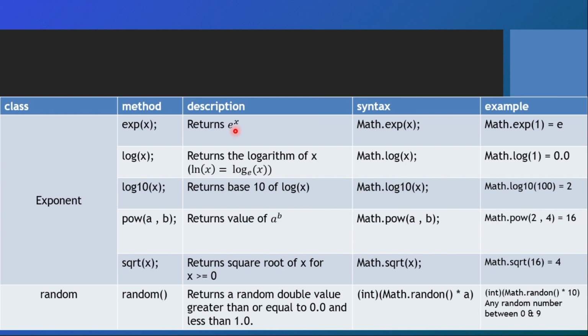I'm not necessarily sure, but it gets Euler's constant and raises it to the power of x. So how do you invoke this method? You use the syntax Math.exp, you open the parentheses and put x, and you close that. And then we have an example here of Math.exp(1), and you get Euler's constant, which is just e.